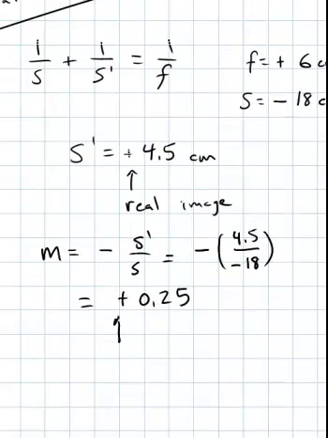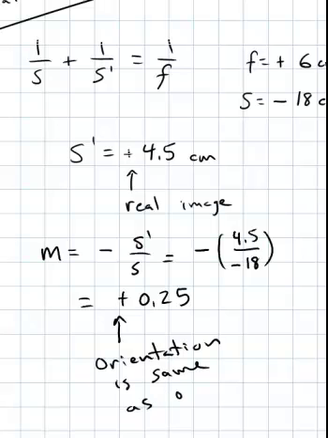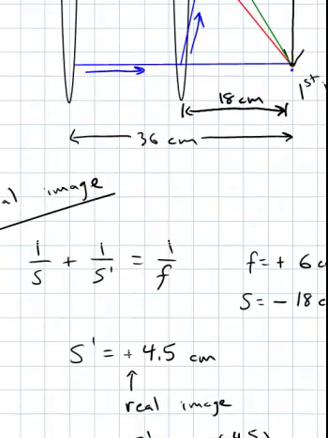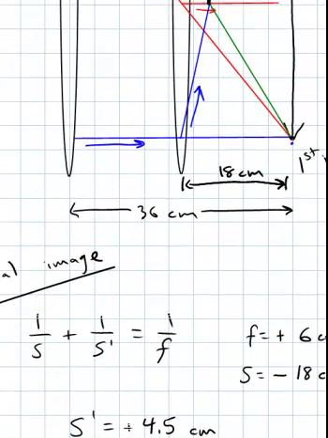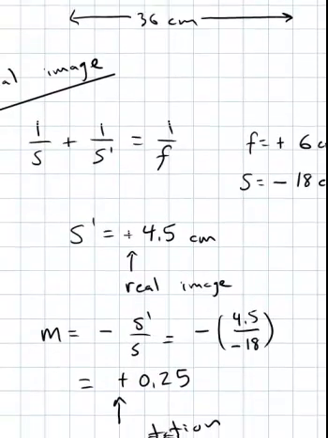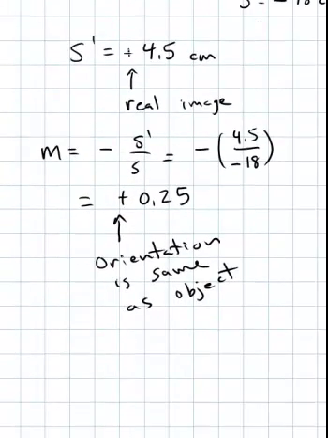So let's take a look. Positive means the orientation is the same as the object. So the object was pointing down, the image is pointing down. The object was 30 centimeters tall.